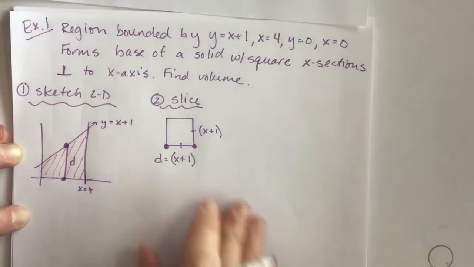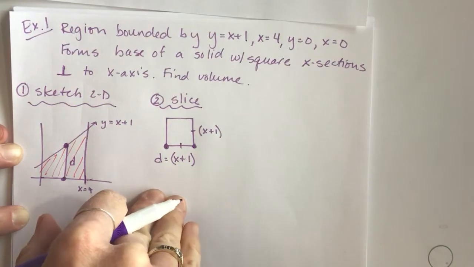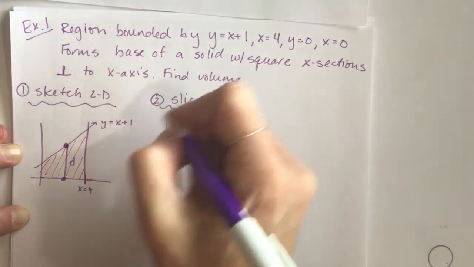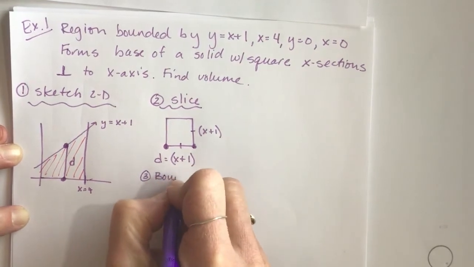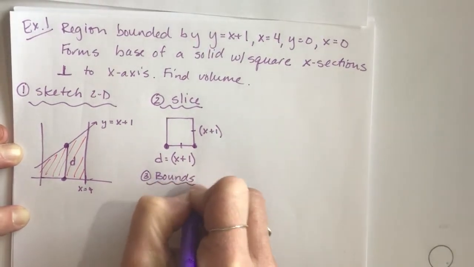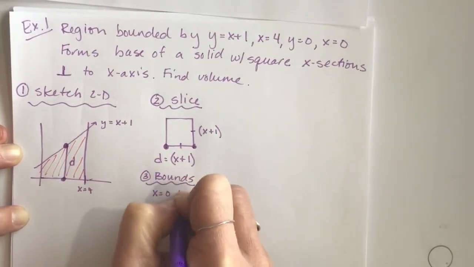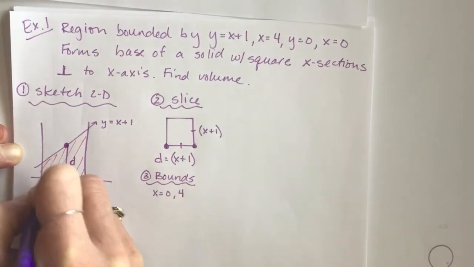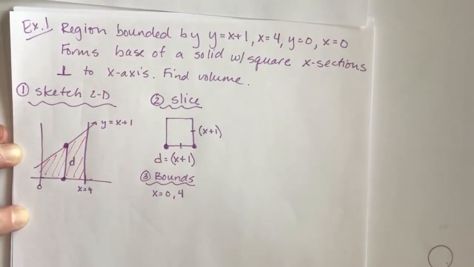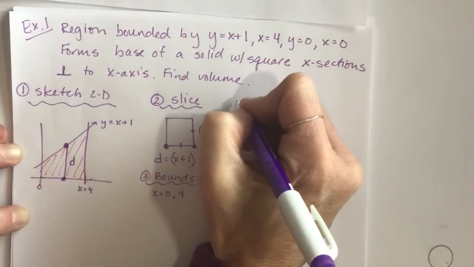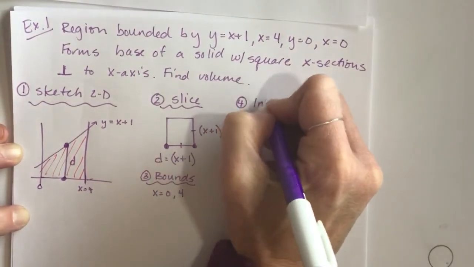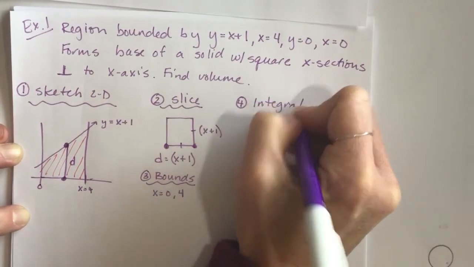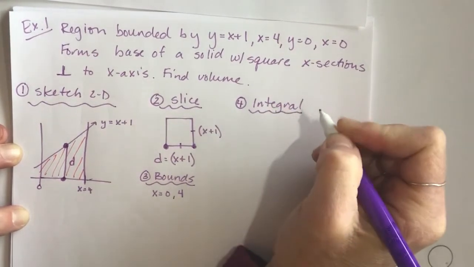Then I'm going to skip our step 3, which is bounds. We can write the bounds here, but they've already been given. So we can say x equals 0 and 4. And notice I'm not going to try to draw the three-dimensional figure because it's just too hard, at least for me. Some of you guys could do it.